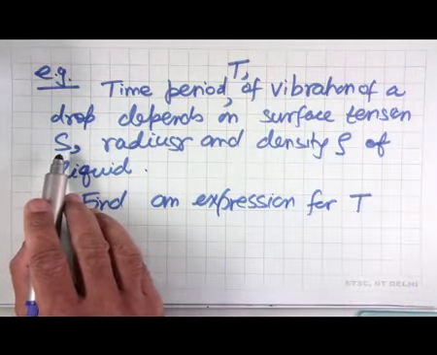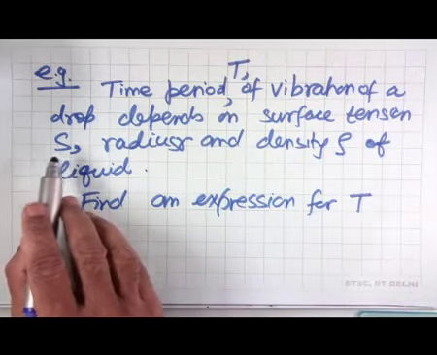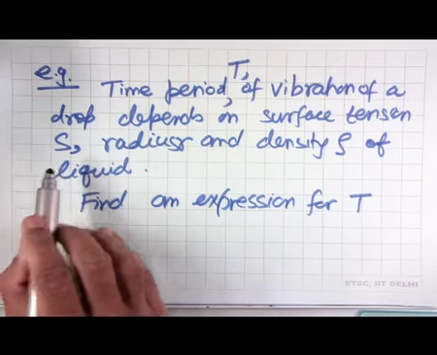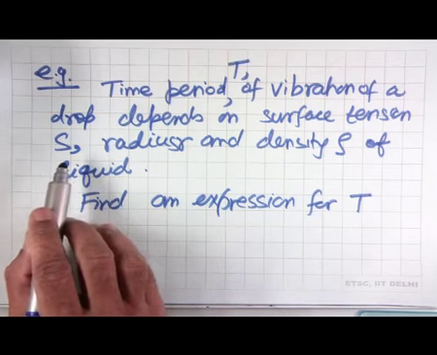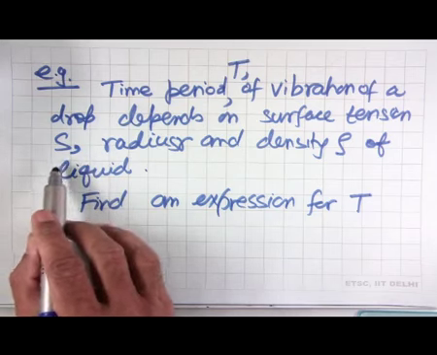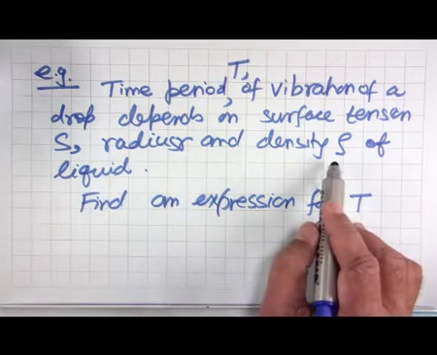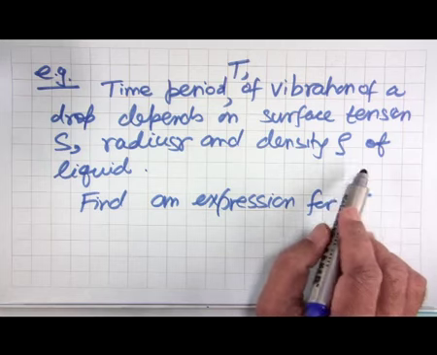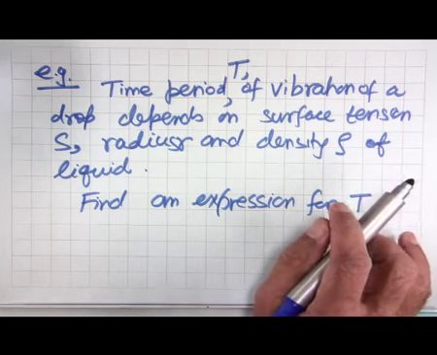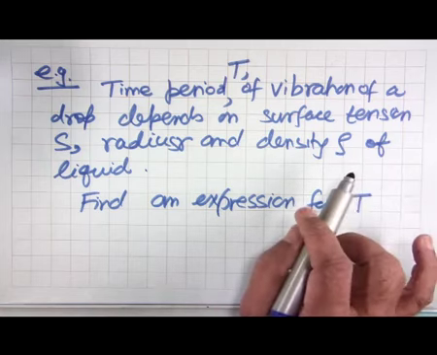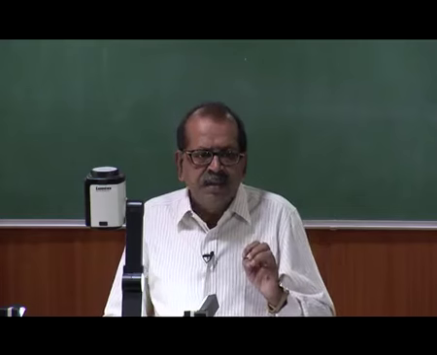Surface tension is a quantity which is force per unit length, so it will involve mass and time. We will work it out. Radius involves only length, density involves mass and length. So, totally we see 3 basic dimensions are involved here, M, L and T.